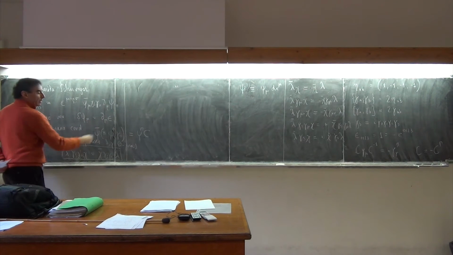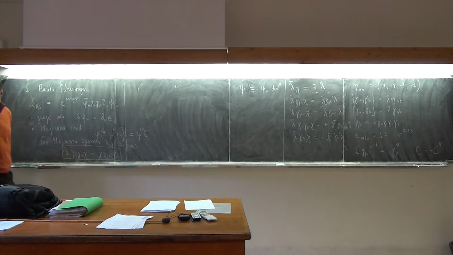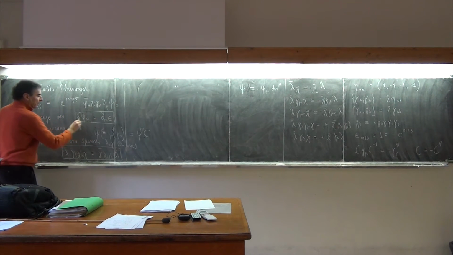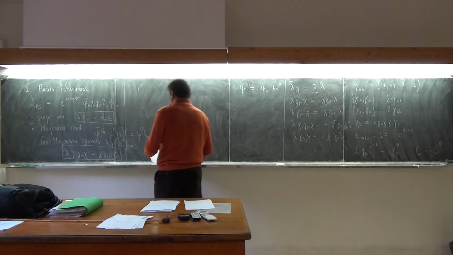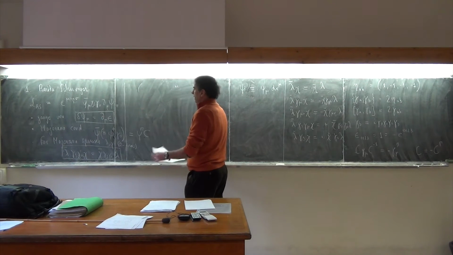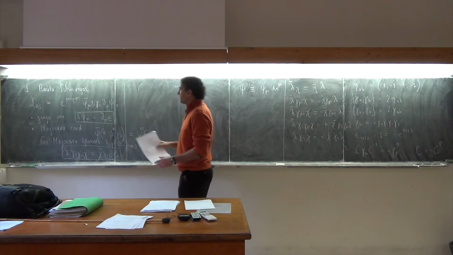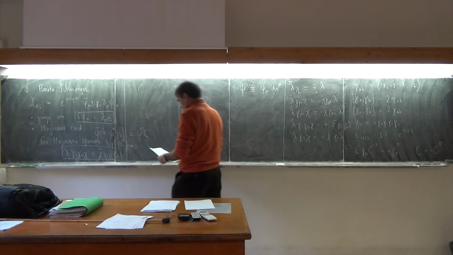So if you vary this, it's clearly invariant, and so you see that there is a local gauge invariance that is given by this rho. So the Rarita-Schwinger field under this transformation leaves this Rarita-Schwinger action invariant.